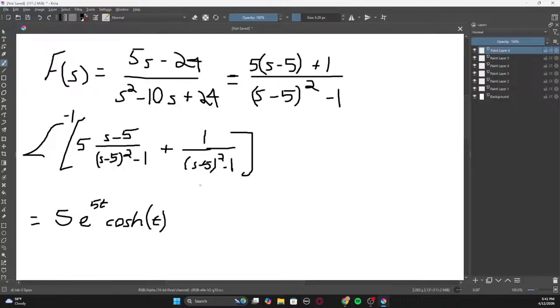Plus the hyperbolic sine function of t as well. All right. Okay, wait, my algebra with this one is actually a bit wrong. Let me fix this up.